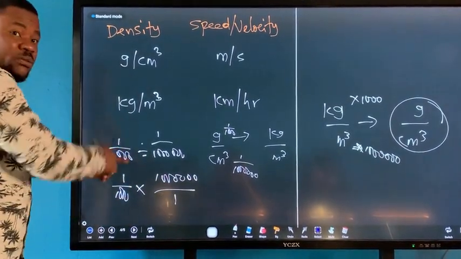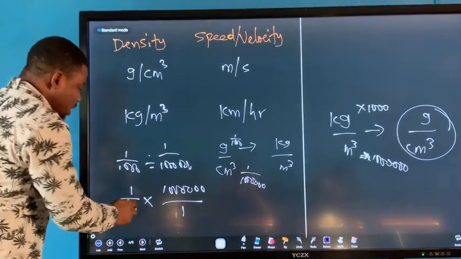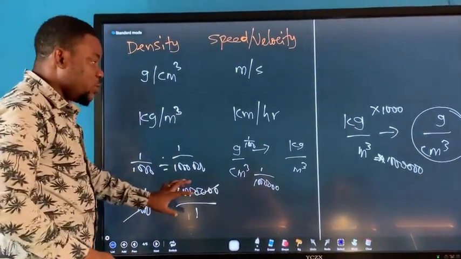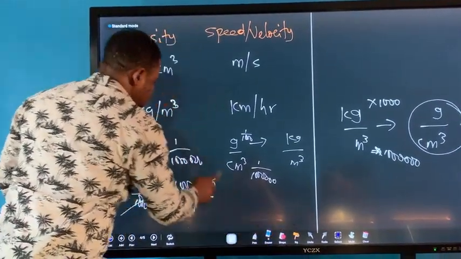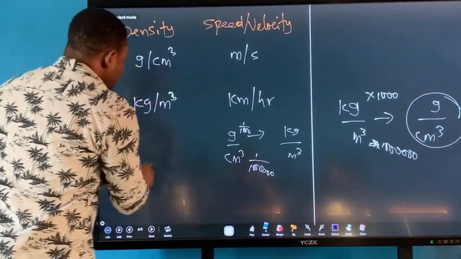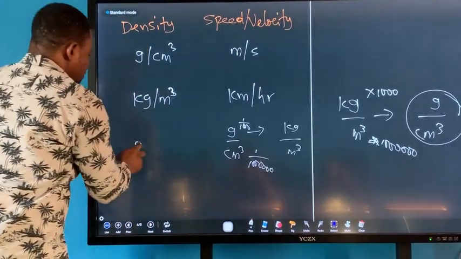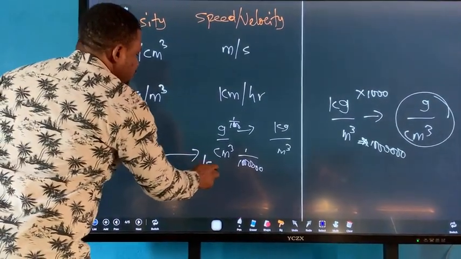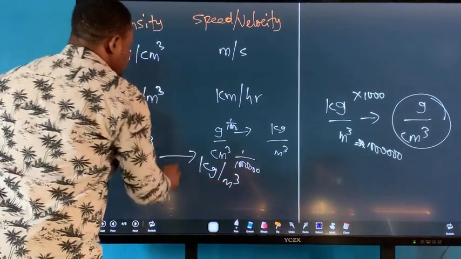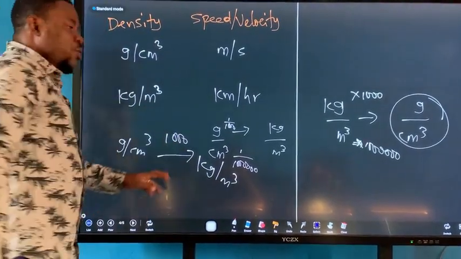If I change it 2 times, it reverses. So at the end of the day, I'll get 1,000. So from gram per centimeter cube to kilogram per meter cube, the conversion factor is what?